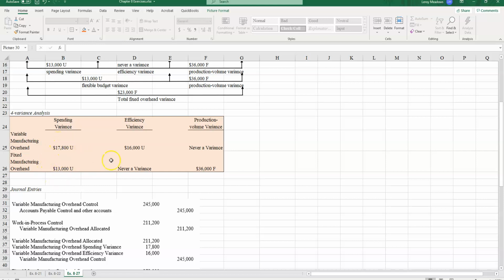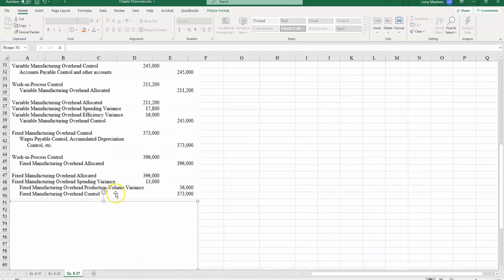My efficiency variance will always be the 16,000, or whatever the variable manufacturing overhead efficiency variance is, in this case $16,000. Why? Because fixed manufacturing overhead never has an efficiency variance. My total production volume variance will always be equal to the fixed manufacturing overhead production volume variance. Why? Because we never have a production volume variance with variable manufacturing overhead.